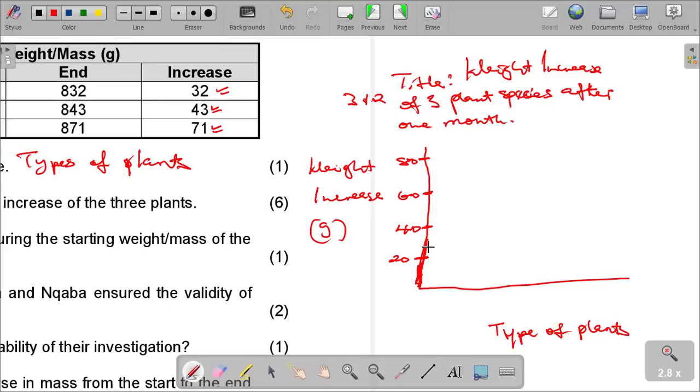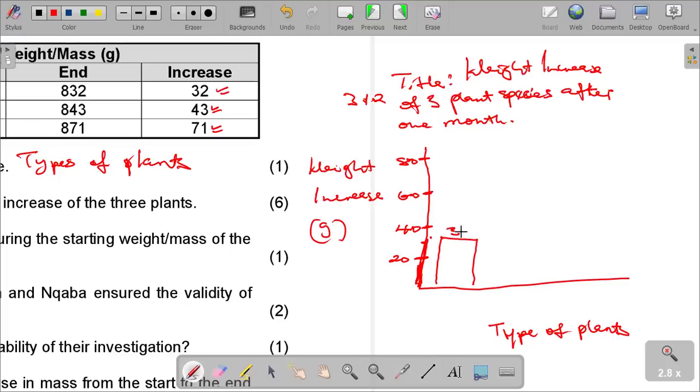So 32 must be just above 30 there. I draw my graph like that. This is aloe.